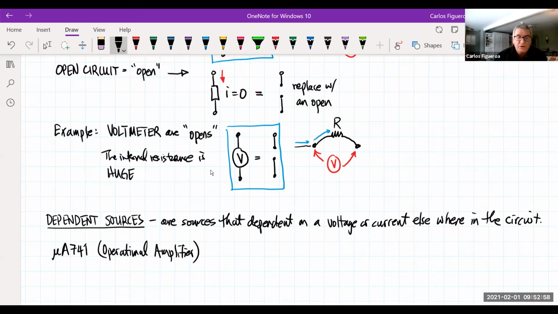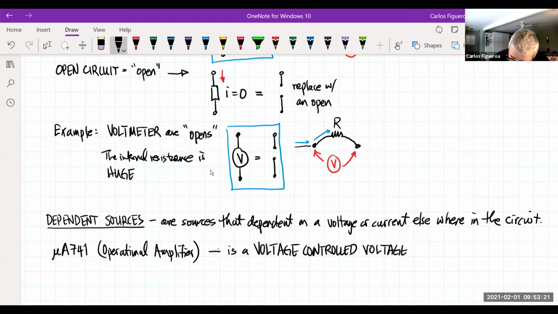They're also called op amps. And this operational amplifier is a voltage controlled voltage source.